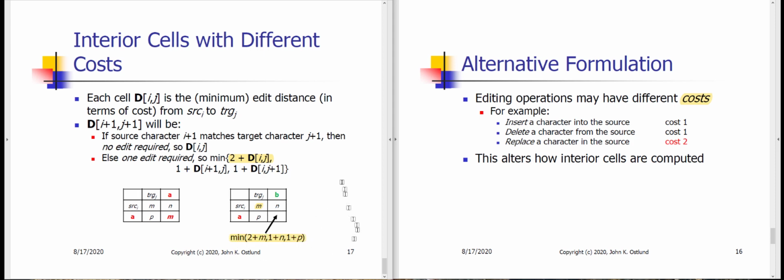All right, so our minimization computation alters. Well, now that we figured that out, we can still just mechanically fill out the table as we did before, and we can then backtrack from that lower right corner back to the upper left corner to figure out what sequence of editing operations minimizes the cost-weighted edit distance in this case. Okay, so that's that one.